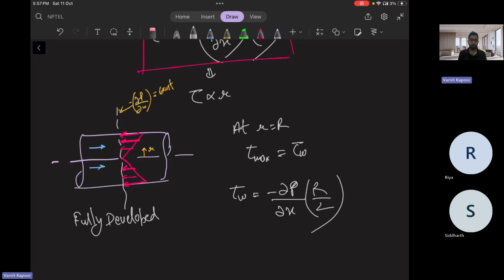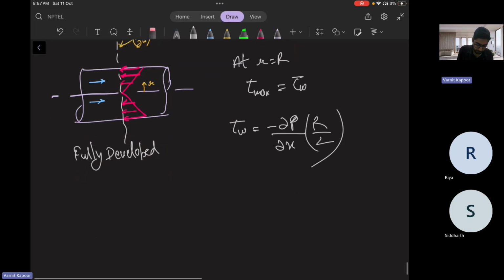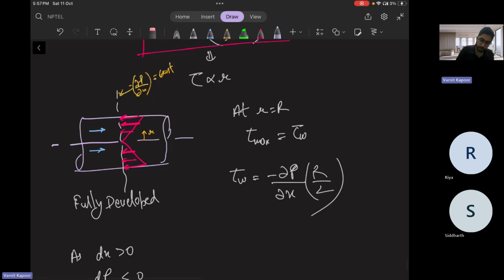And if you observe the minus dou P by dou X, as X increases, that means dx is greater than 0, and dP is less than 0, because of the presence of the losses, so pressure will reduce. Suppose this is my section 1 and section 2.